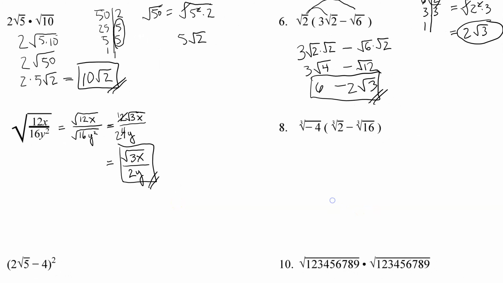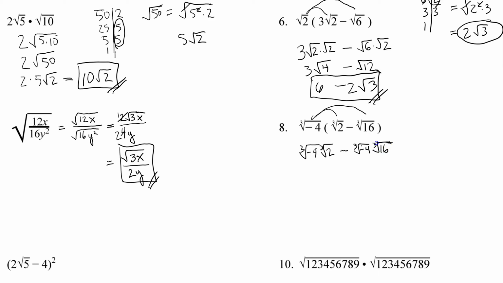And number 8, we've got the cube root of negative 4 times the cube root of 2 minus the cube root of 16. So I use the distributive property, and I get the cube root of negative 4 times the cube root of 2 minus the cube root of negative 4 times the cube root of 16.